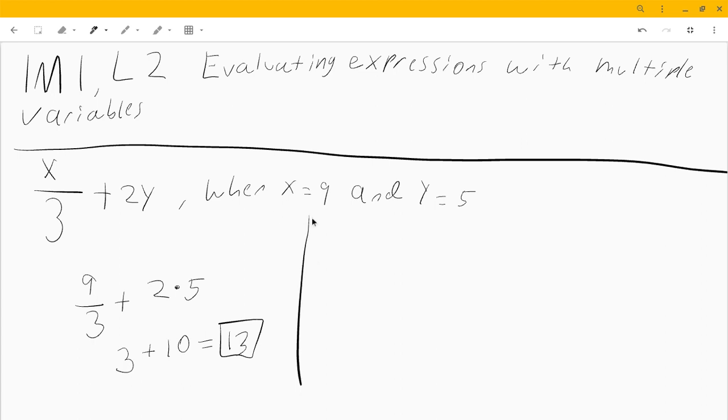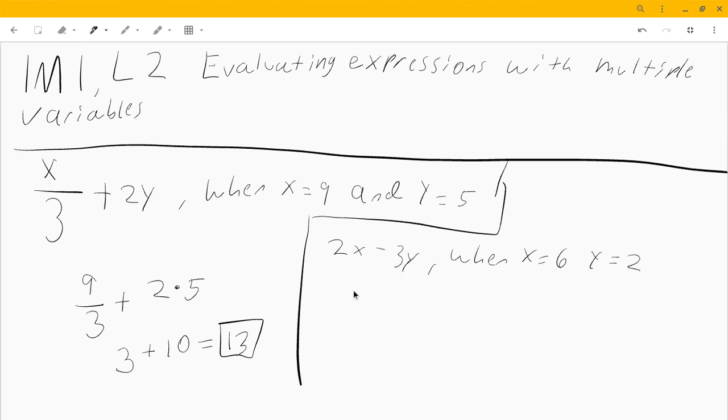Let's do another one. Let's say we have the expression 2x minus 3y. And we wanted to evaluate that when x is equal to 6 and y is equal to 2.